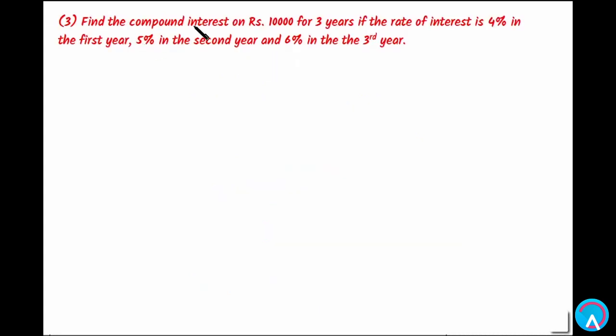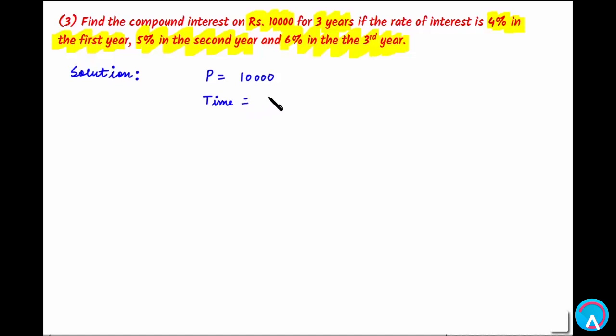Let's take question number 3. Find the compound interest on rupees 10,000 for 3 years if the rate of interest is 4% in the first year, 5% in the second year, and 6% in the third year. So here in this question, the principal is equal to rupees 10,000 and the time here is given as equal to 3 years, and also the rate of interest is variable.